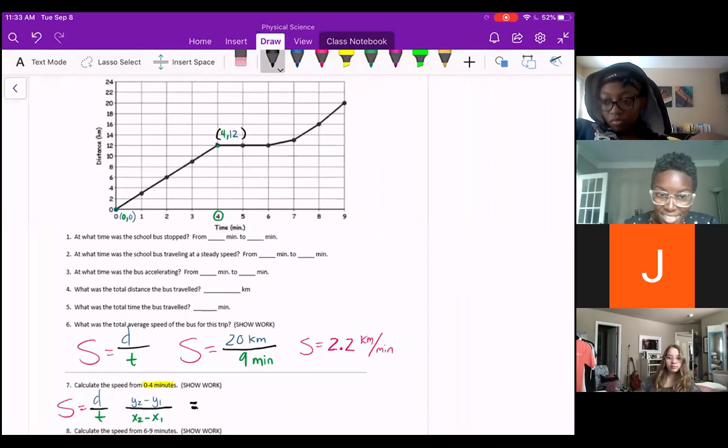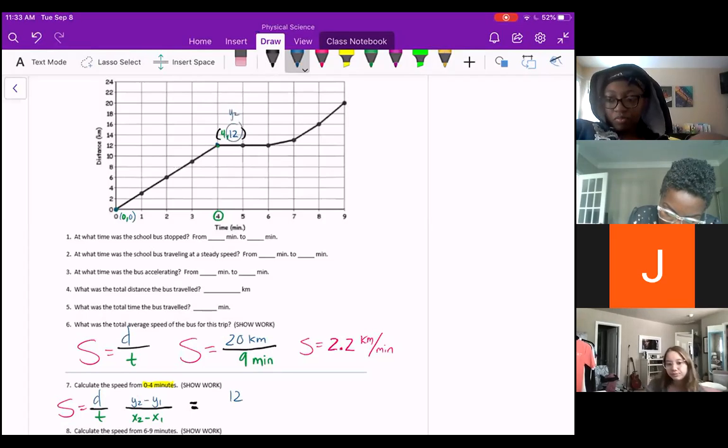My second Y coordinate, my coordinate at 4 minutes was what? 12, very nice. So this 12 came from right here. This is my Y2, this is Y1, this is X1, this is X2. Everybody understand that?